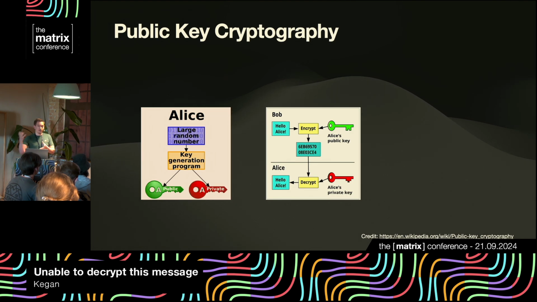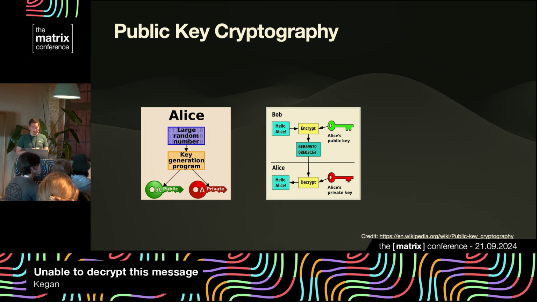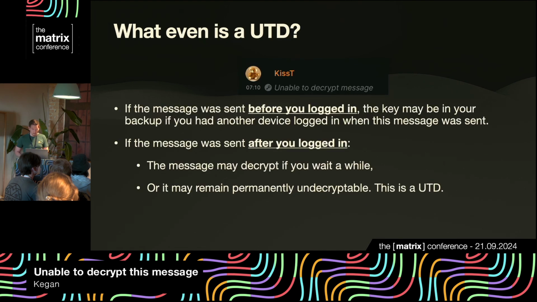They will then send you this encrypted data, and then that private key can be used to decrypt that data, and it must remain secret, it must remain only private to you. There are other techniques that you can do with public key cryptography, which Matrix does use, like signing and key exchanges, and Sumner's talk goes into a lot of detail with that, but you actually don't need to understand this for the purposes of this talk.